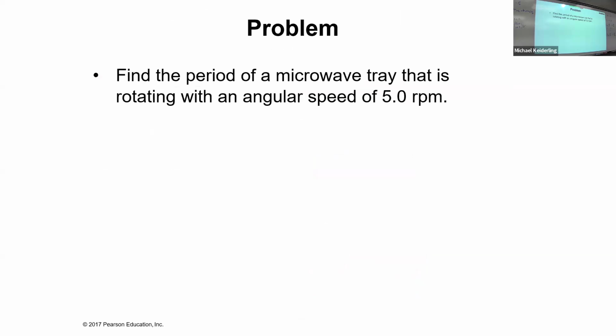So find the period of a microwave tray that's rotating with an angular speed of 5 revolutions per minute.